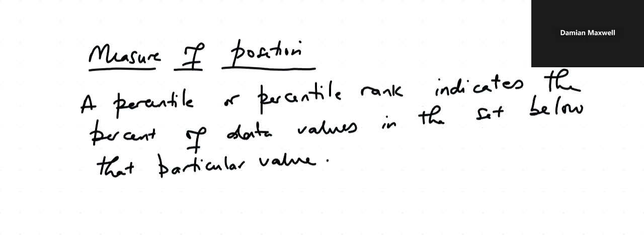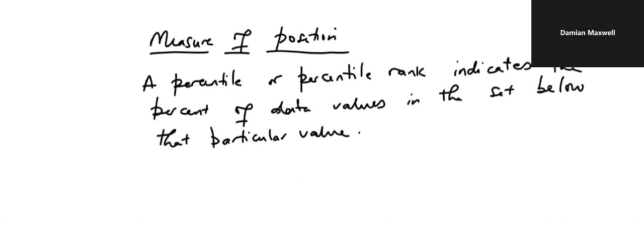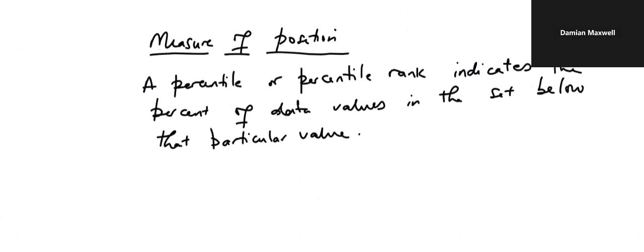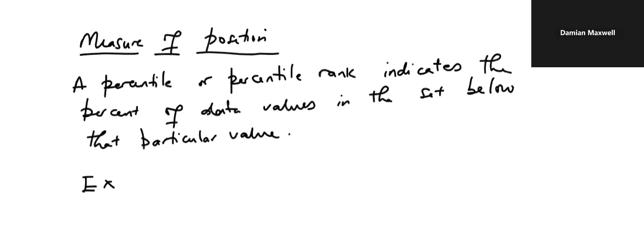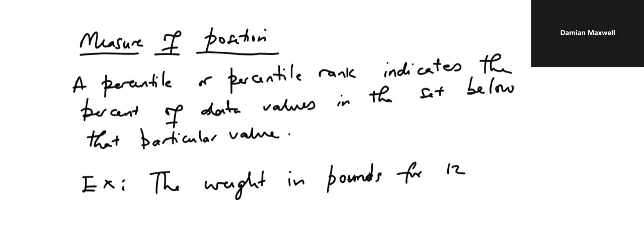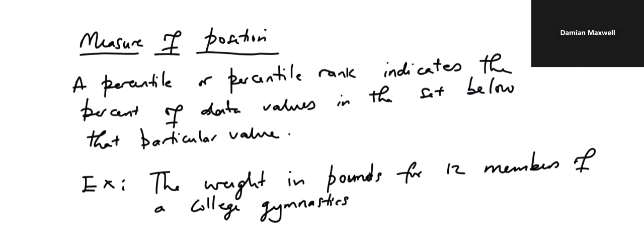All right, so let's do an example. The weights in pounds of 12 members of a college gymnastic team are below.